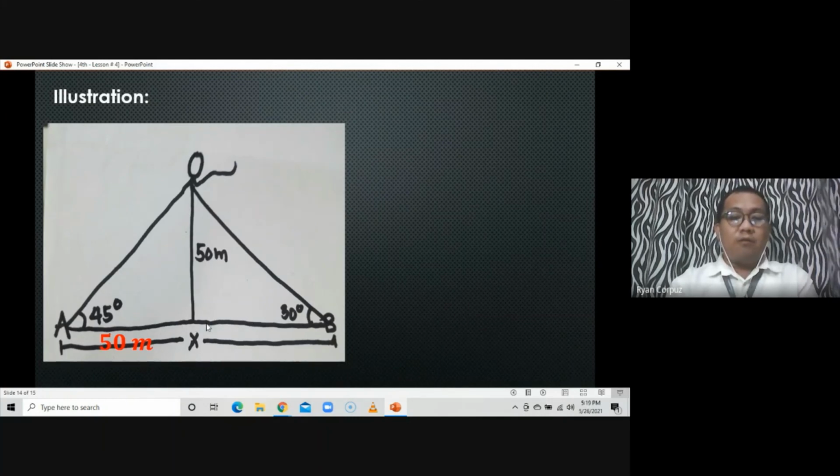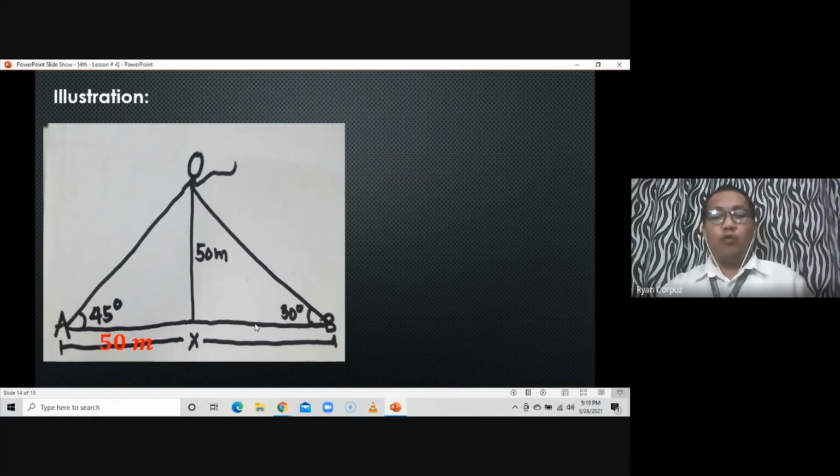So para makuha natin yung measure of this, kakailanganin naman natin yung another special right triangle na 30 degrees, 60 degrees, and 90 degrees special right triangle. Kung 30 degrees to, yung katapat niyang side is the shorter leg. So, ibig sabihin, what we are looking for is the longer leg because this is the hypotenuse. Given the shorter leg, what would be the measure of the longer leg?